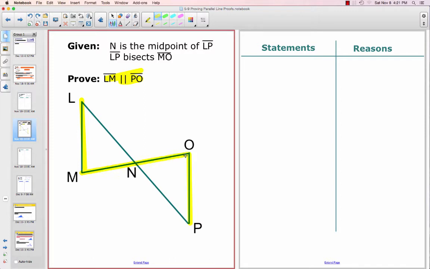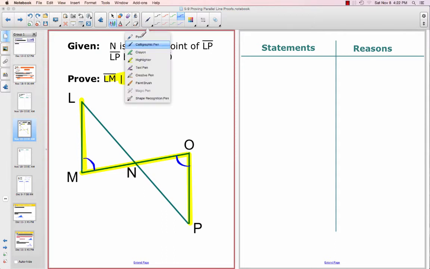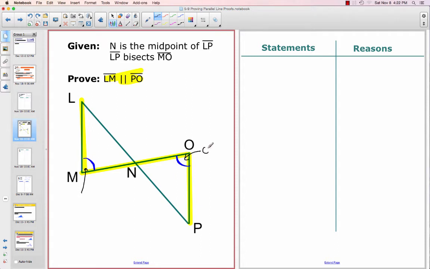I need to show then that this angle and this angle are congruent, because these are alternate interior angles. If these are congruent, then the lines are parallel. So I need to somehow get this angle and this angle by using CPCTC.